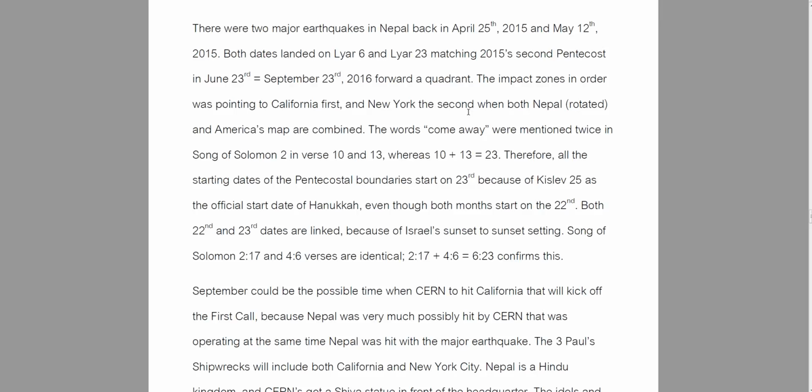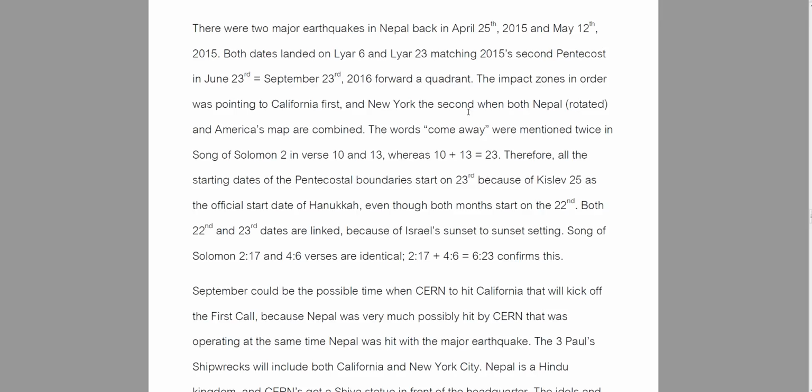In Psalm 7, chapter 2, verse 10 and 13, it mentioned the words come away twice. And so playing with identical verses, adding 10 and 13 together is the number 23.